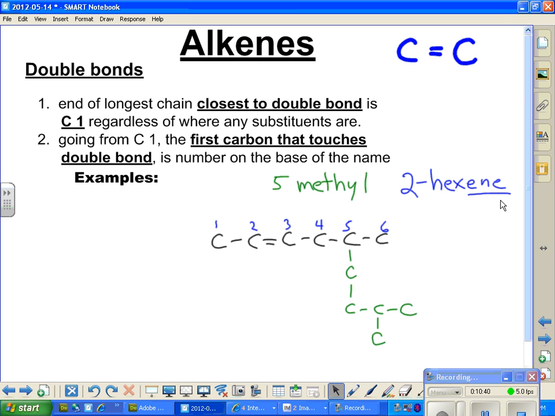You would think that we could name it from the right or the left, but again, remember we cannot. The double bond is here. It's still on carbon number 2. The only thing that we did now is we made the chain longer, so this is no longer part of the main chain. Carbon number 6 is now something different. Now I'm going to circle the new main chain. There we go.